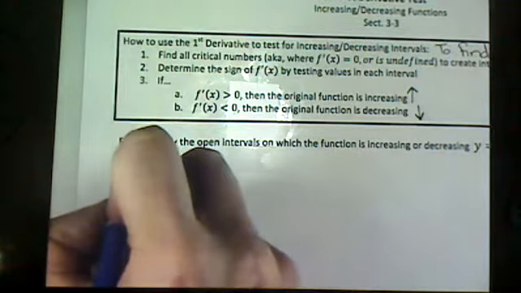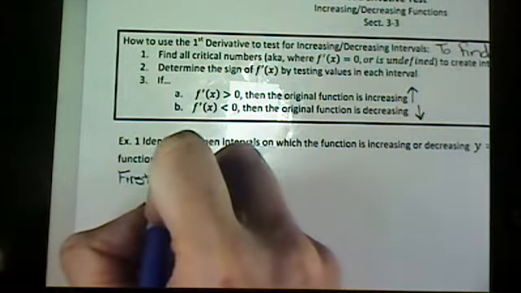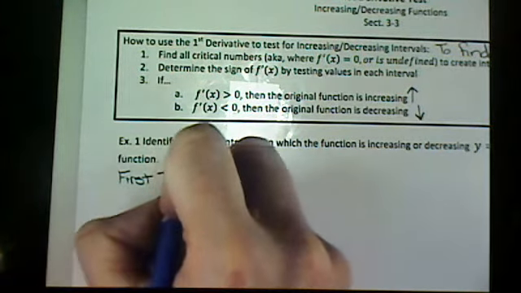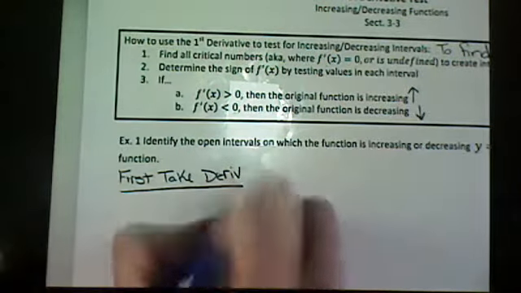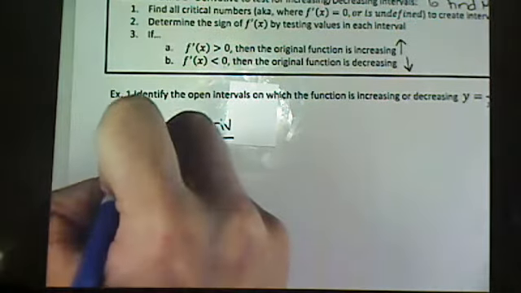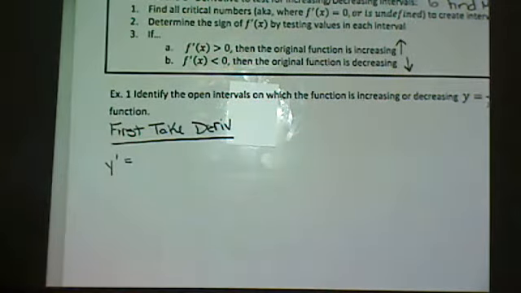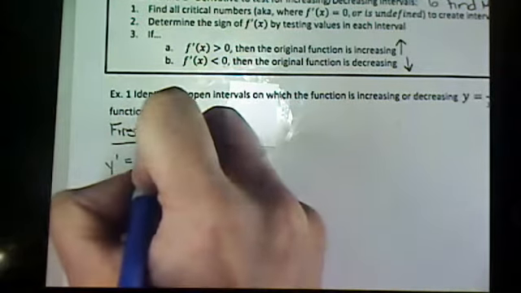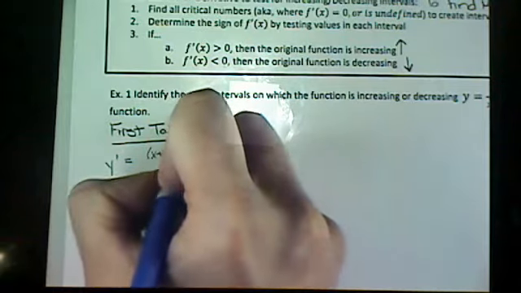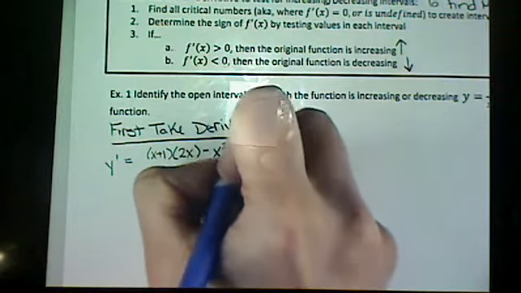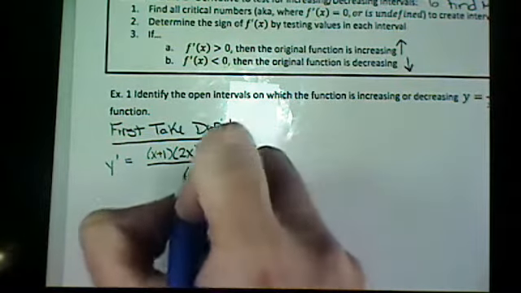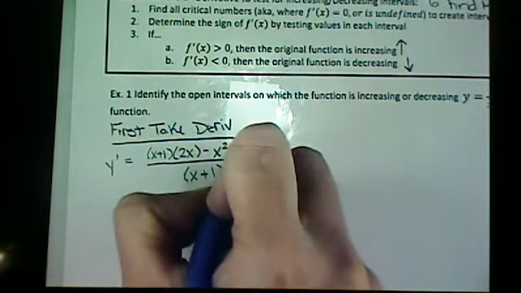So y prime equals, now we're going to have to use low d high minus high d low over low squared.